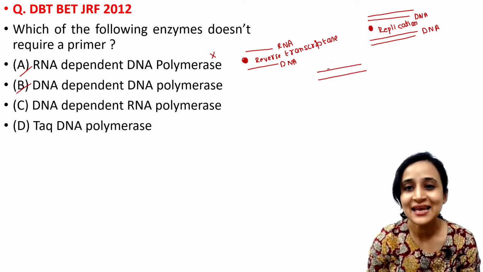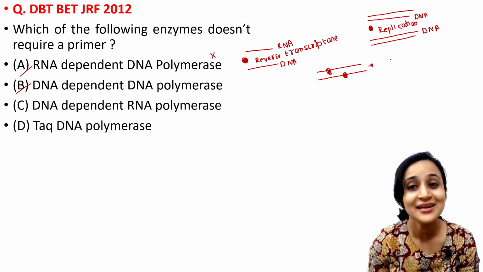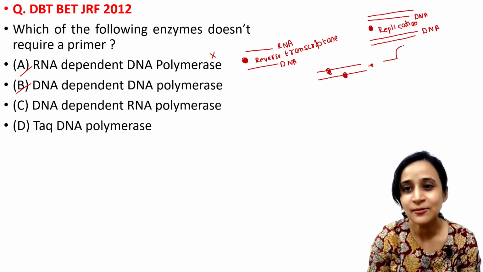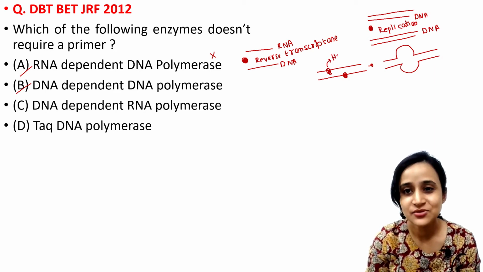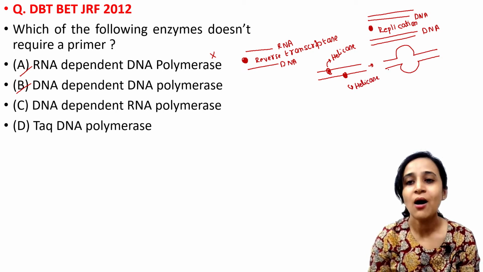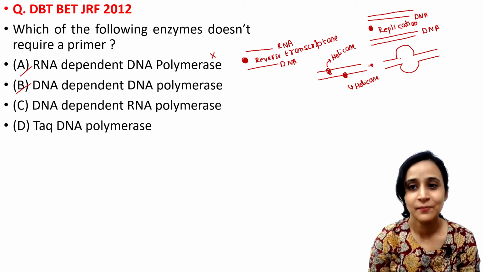First helicase comes to unwind the DNA strand, to unwind the double strands. Like this will happen when helicase comes. Now primase will come.